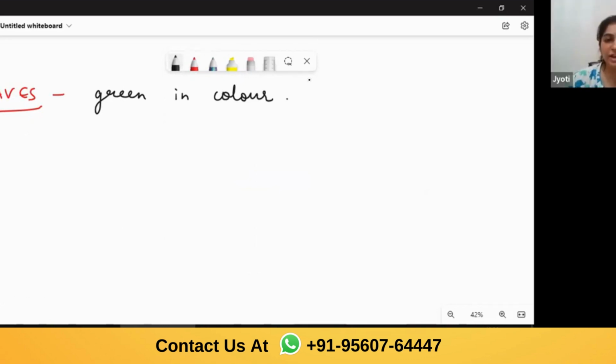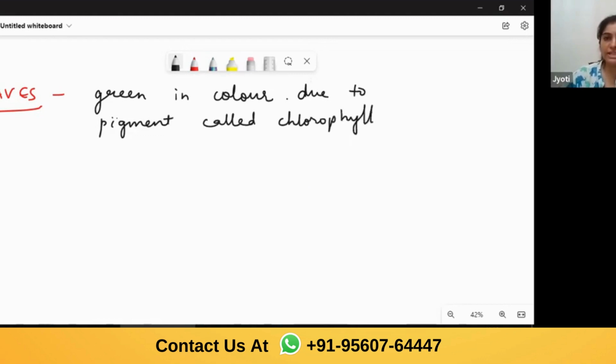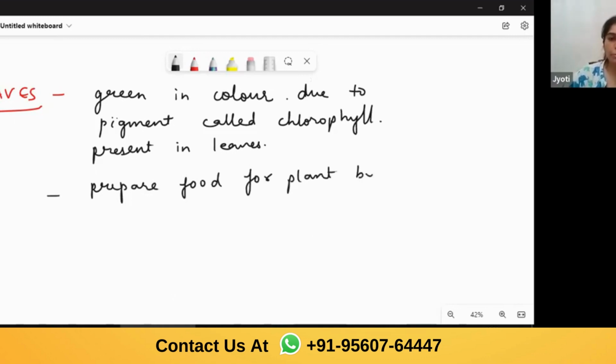Yes, the leaves are green in color due to the pigment called chlorophyll, which is present in the leaves. Okay. And the leaves, they prepare the food for the plants and for us also by the process of photosynthesis.